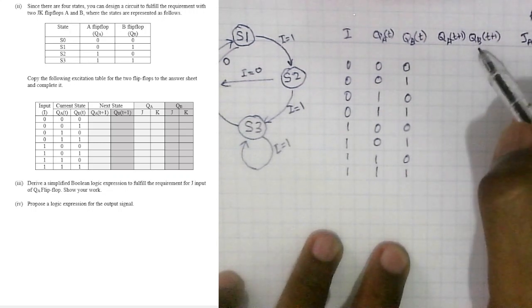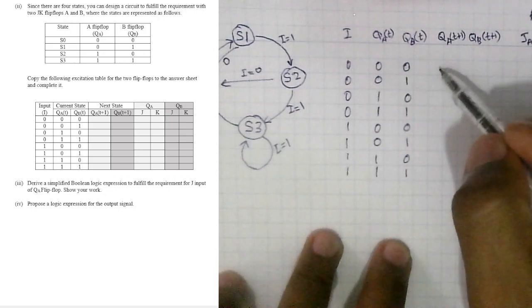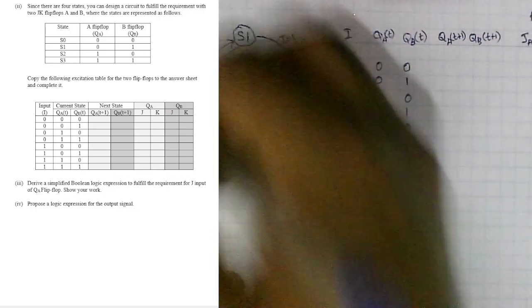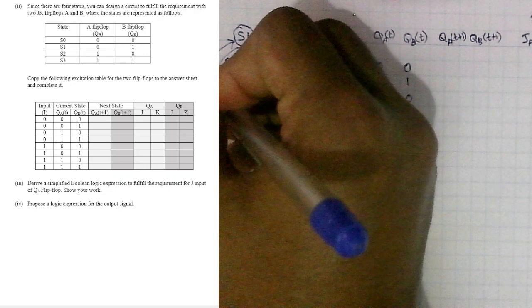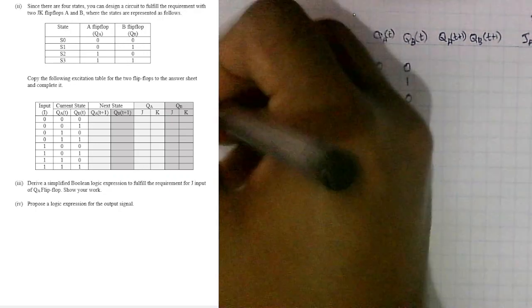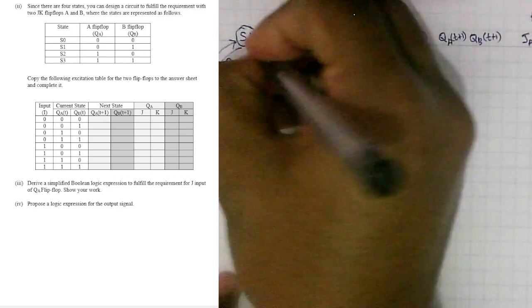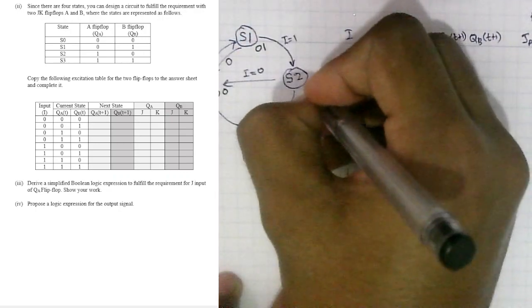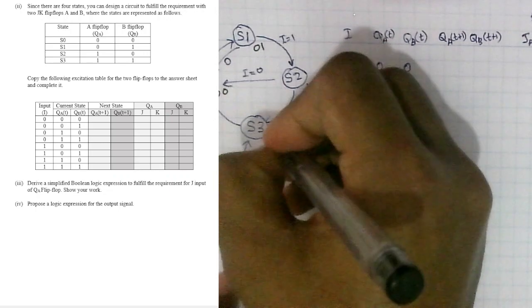QB will be the least significant bit, QA will be the most significant bit, right? Because this one is going to be, let's take the color maybe, this is 0 0, 0 1, 1 0, 1 1, right?